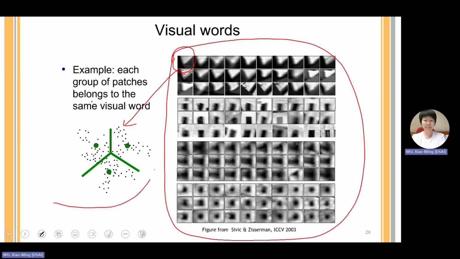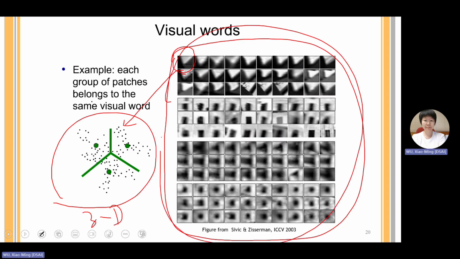Here for illustration purposes, we only consider 3D vectors. We extract many patches from images within a training set, and each patch is represented as a high dimensional vector.